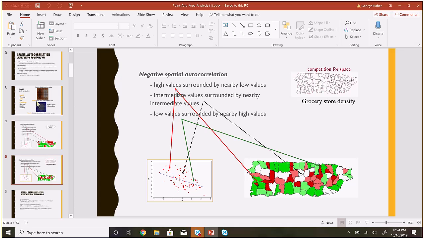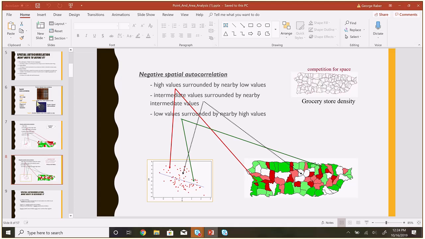First of all, what does a high value mean here? Grocery store density means how many grocery stores in that enumeration unit. I'm not sure in this case whether it's been normalized by people, but it really doesn't matter. So high value means there's lots of grocery stores.